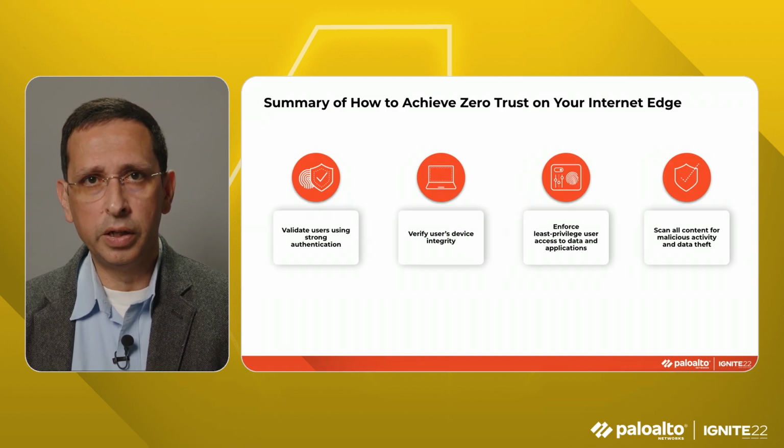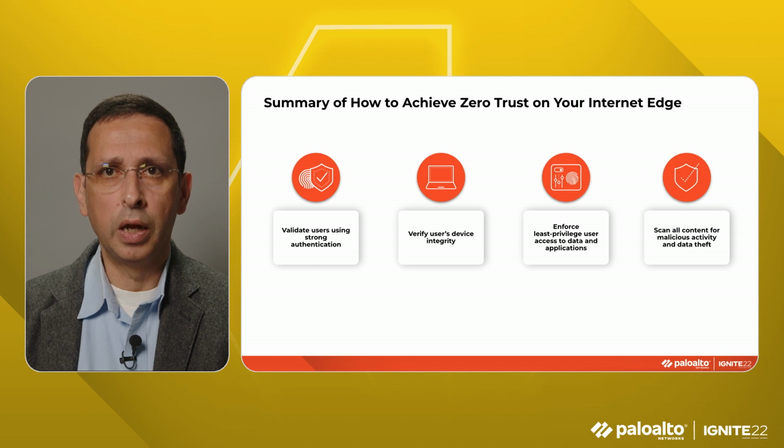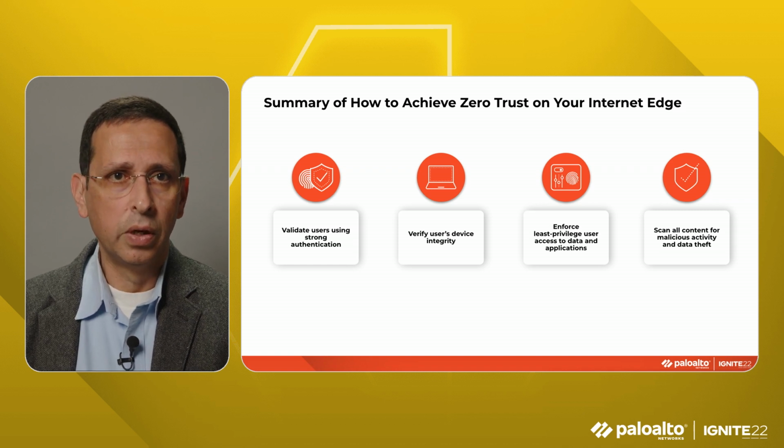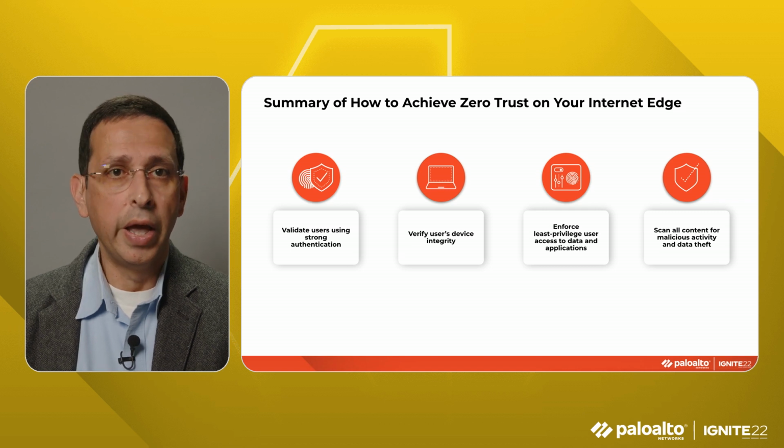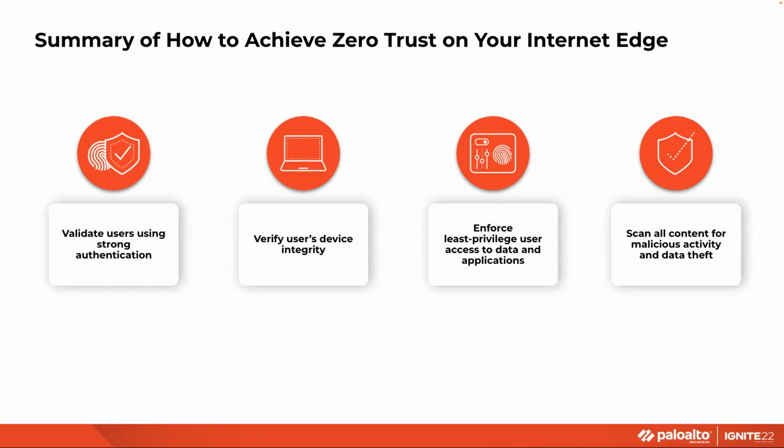In summary, in order to achieve zero trust at your internet edge, first, validate users using strong authentication. Enable MFA and single sign-on for all access. You should require privileged access to your most critical assets. Verify and validate all users with user ID.